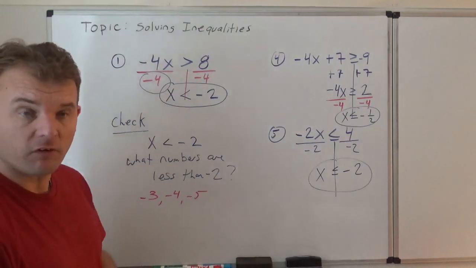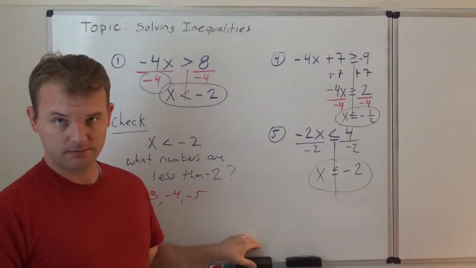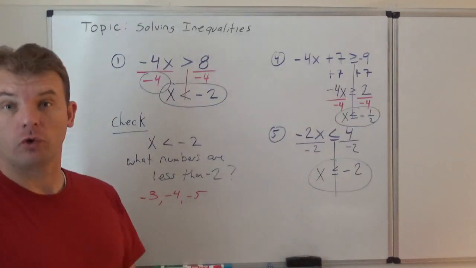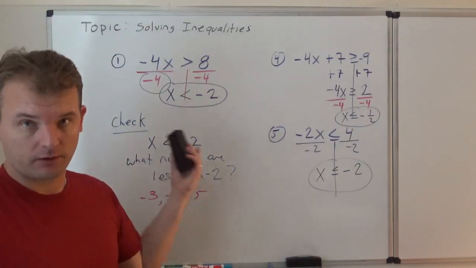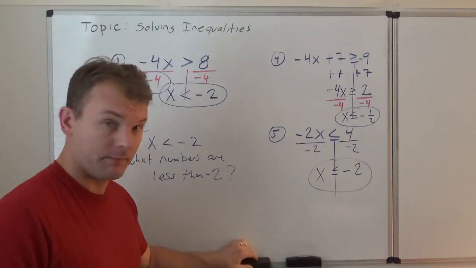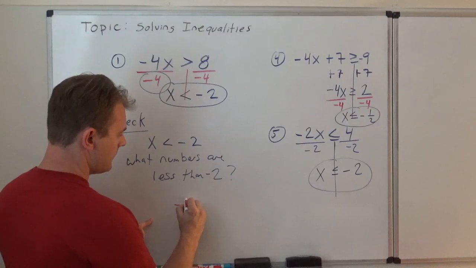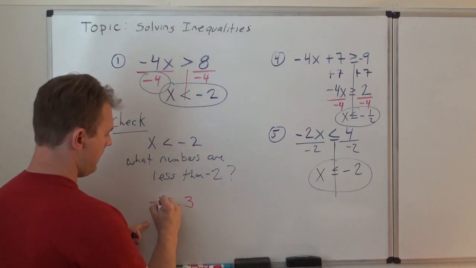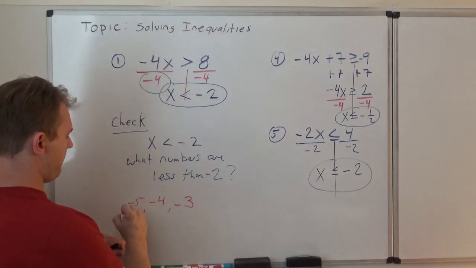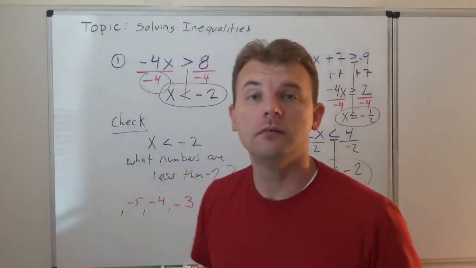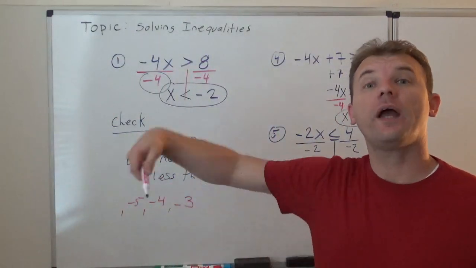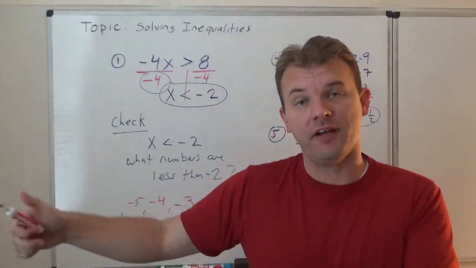Well, be very careful. Don't write it like this. Write it in your interval notation that I taught you a little bit ago. What I mean by that is that this goes -3, -4, -5. Where can I go? All the way to -infinity.